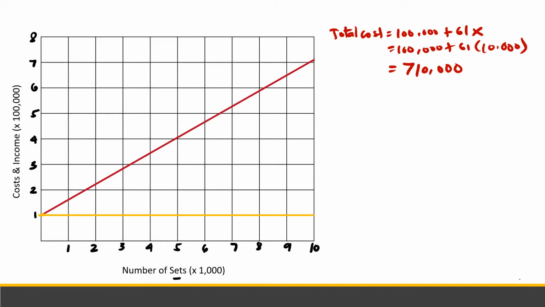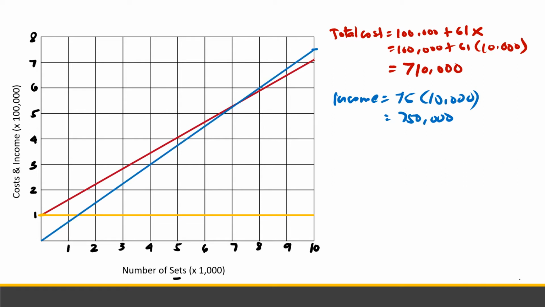So for the revenue line, or the income, would be equal to 75 pesos per set multiplied by 10,000, so this will be 750,000 or 7.5 sa graph natin. So between 7 and 8. So say that is our revenue line.